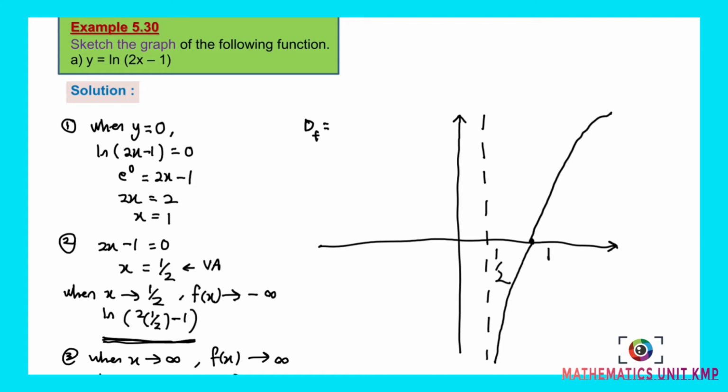Sekarang ni untuk this case, ada graf tak belah kanan kiri? Tiada. Jadi dia belah kanan. Jadi domain dia half to positive infinity. Okay. Then range dia is from negative infinity to positive infinity. Faham?